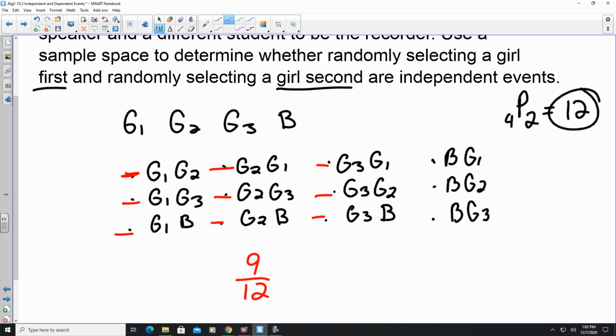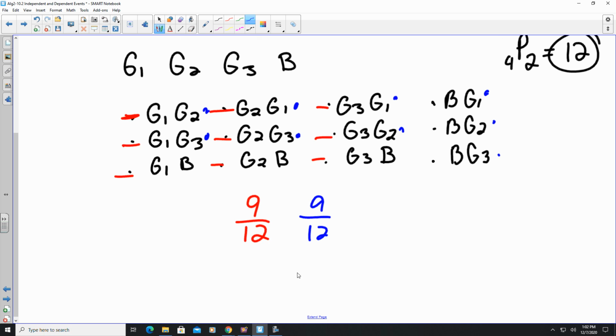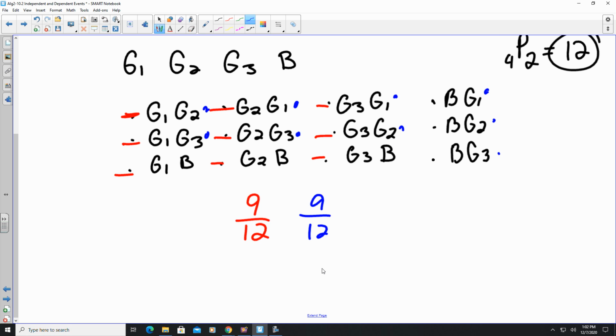The second probability is for someone to be chosen. So it'd be 1, 2, 3, 4, 5, 6, 7, 8, 9. So again, there's still 9 out of 12. So if you were to multiply those together, so I'll just reduce it. So this is 9 twelfths turns into 3 fourths.